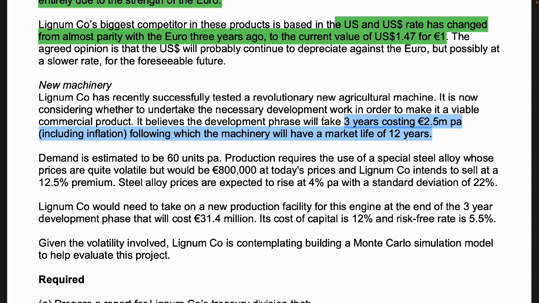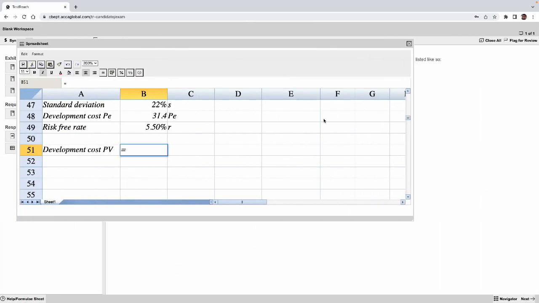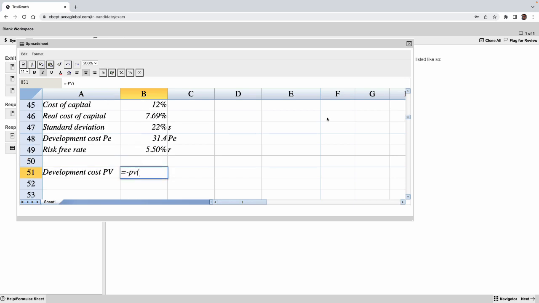Does that make sense? So you should get 6.73.